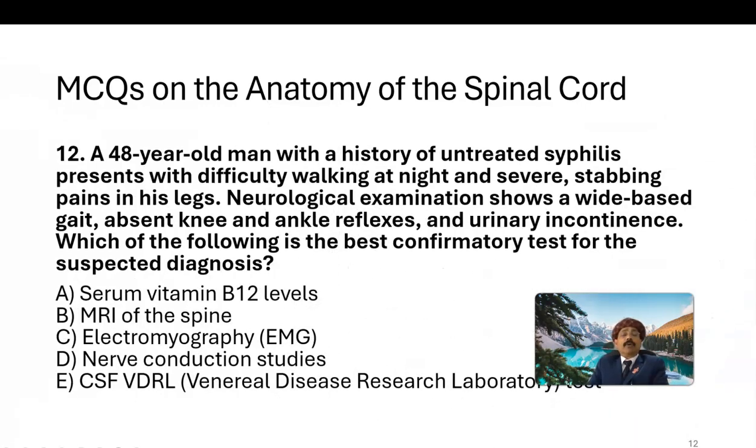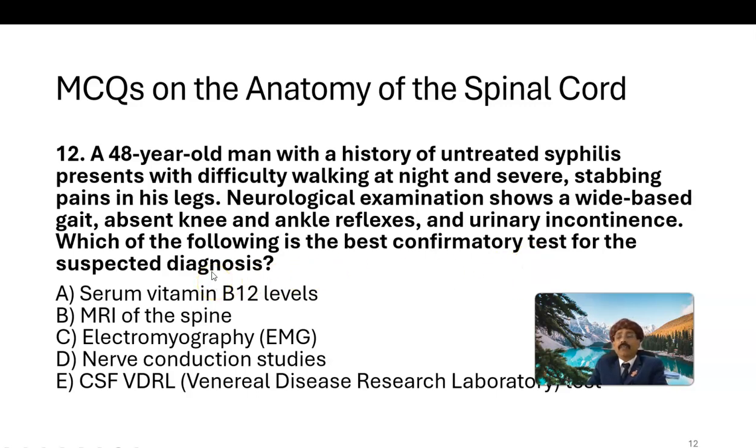Question number 12. A 48-year-old man with a history of untreated syphilis presents with difficulty walking at night and severe stabbing pain in his leg. Neurological examination shows a wide-based gait, absent knee and ankle reflexes, and urinary incontinence. Which of the following is the best confirmatory test for the suspected diagnosis?